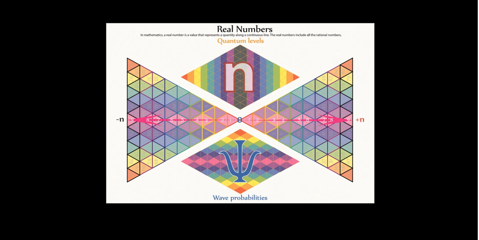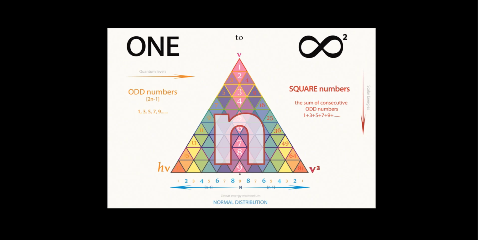And those waves, being geometrically equilateral, are scalable. They go from 1 to any number you choose. So you can go from 1 here and scale up the triangle to a linear momentum value of infinity, and you would have an energy level of infinity squared. So 1 to infinity squared, or 1 to any number you choose squared.